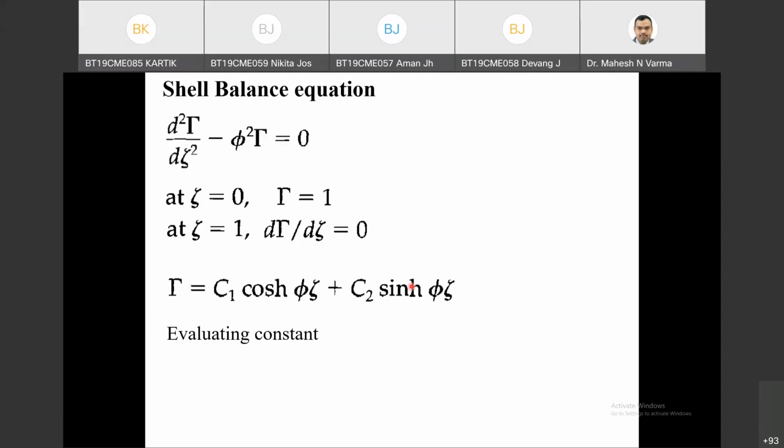So what will be the value of C1? Roll number 60, Aditya. What is the value of C1?